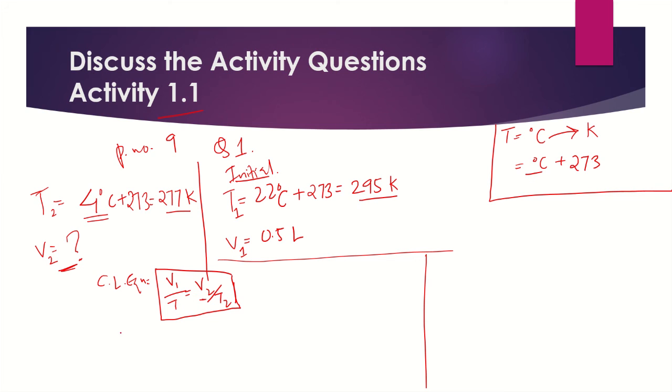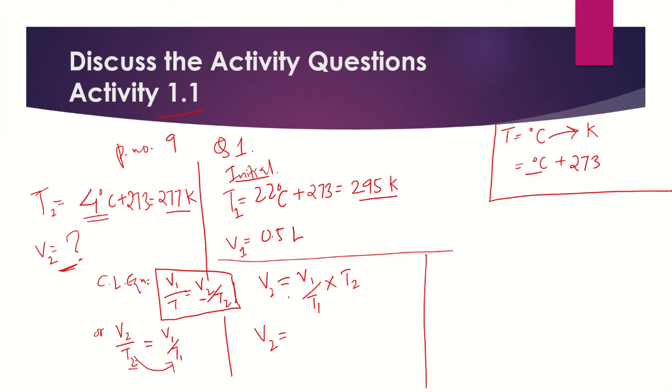So we can write this equation as V2 by T2 is equal to V1 by T1. Let us take T2 to the other side. T2 is in the denominator, so it will go to the numerator. So you will get V2 is equal to V1 by T1 times T2.